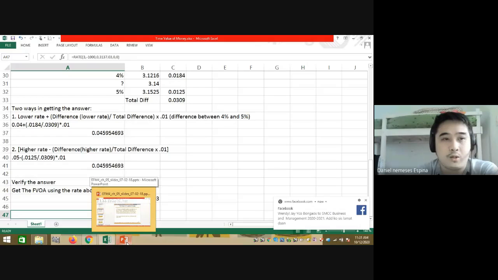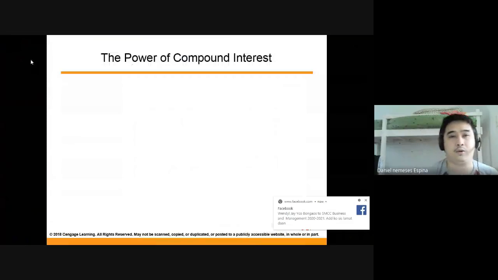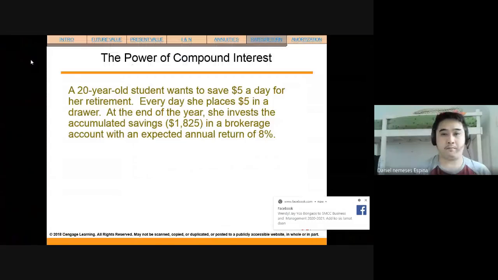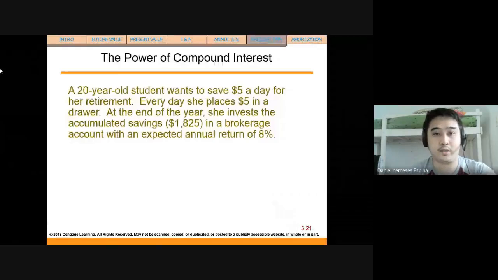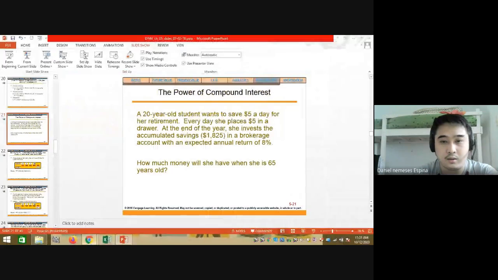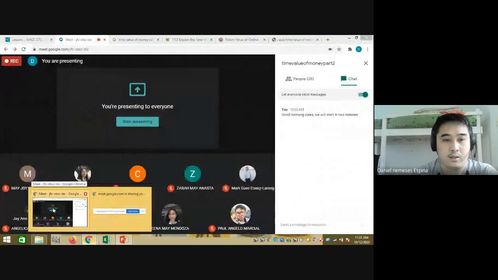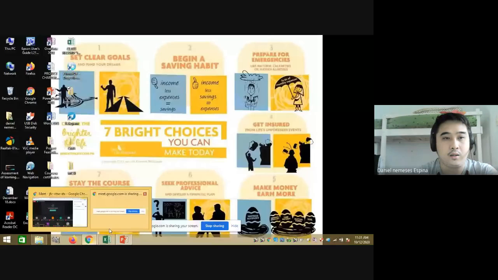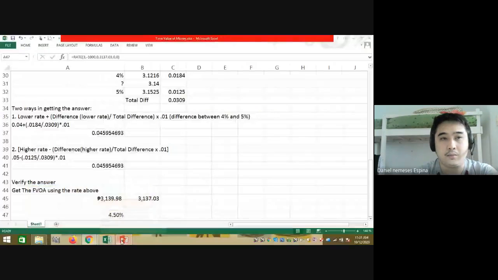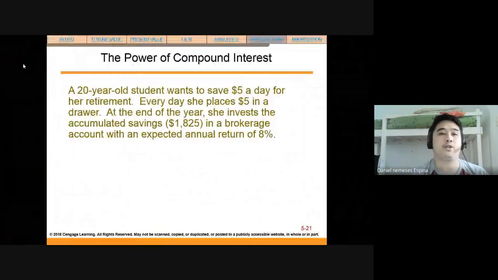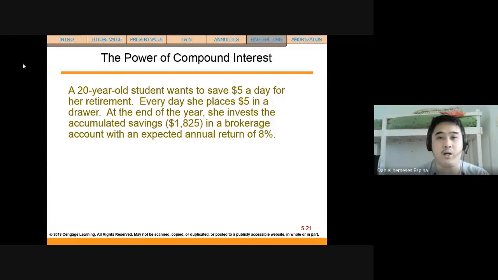Okay, so let's continue with what we left off last time. Power of compound interest. For example, there's a 20-year-old student who wants to save $5 a day for retirement.